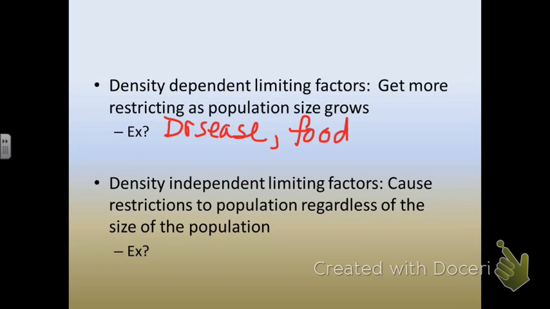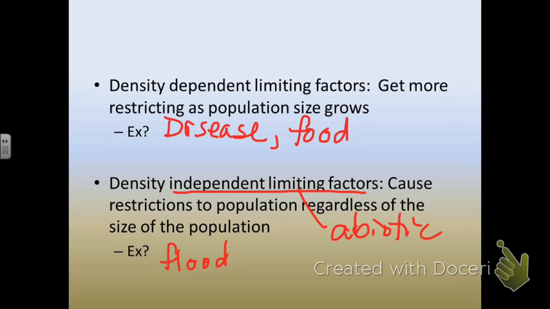Most of the time, density-independent limiting factors are things that are abiotic. So if you're unsure about something, pair that together with this, and understand that they tend to be things like natural catastrophes, like a flood. If you have a flood in an area, say we're dealing with some plant, it doesn't matter if you have 10 individuals there or 100 individuals there, if the area is flooded, there's going to be death.